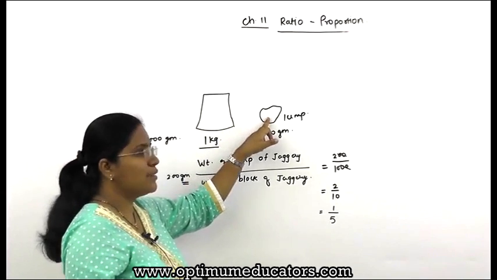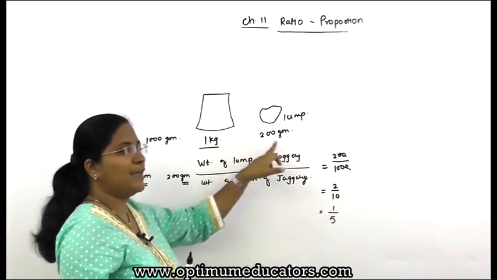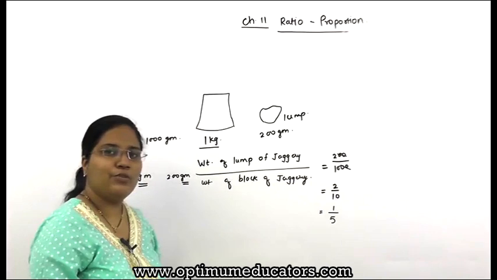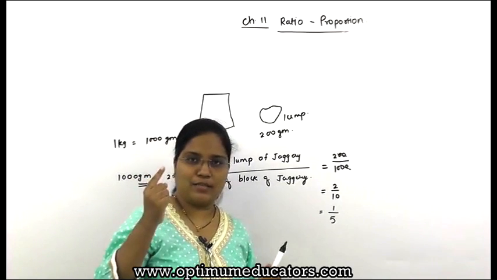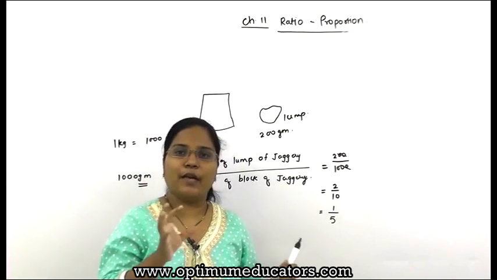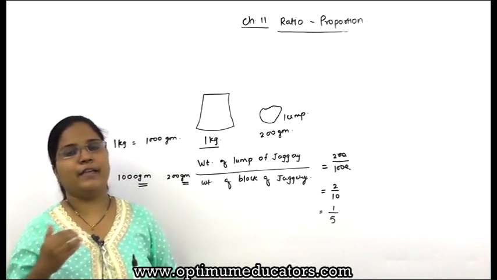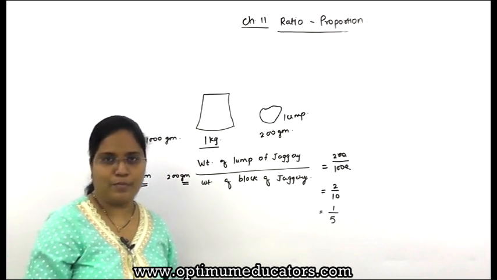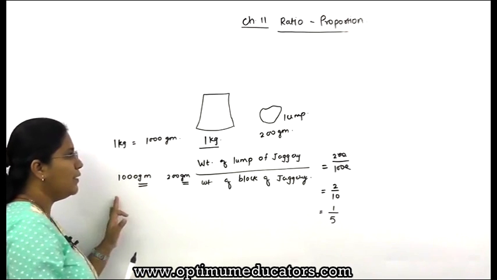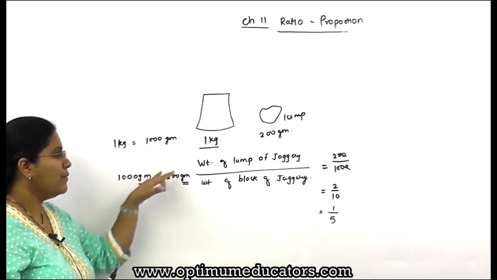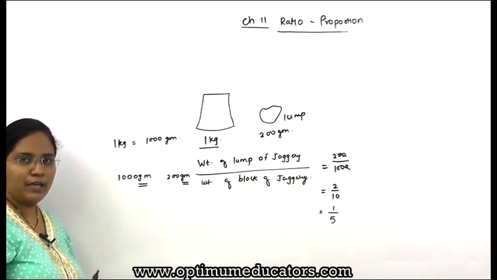This is also jaggery, this is also jaggery, but their units are different. So whenever the units are different, our first task is to bring them into the same unit and then find the ratio or proportion. We did the same thing here. We converted kilograms into grams and then we could find the ratio.